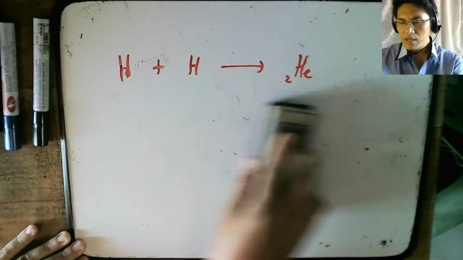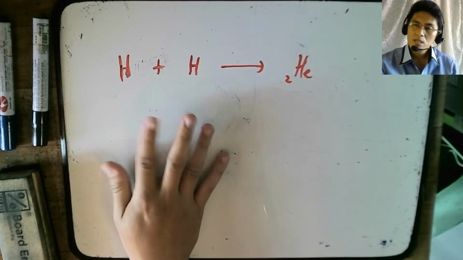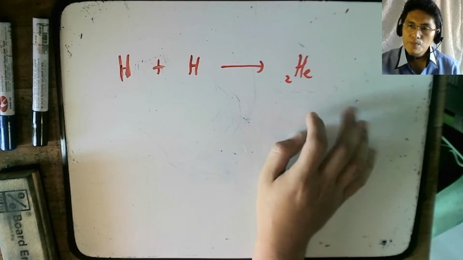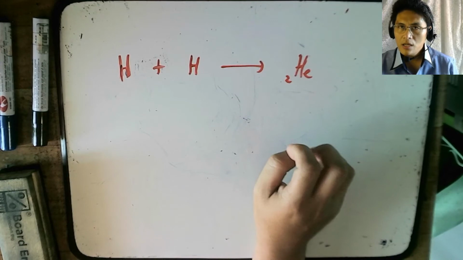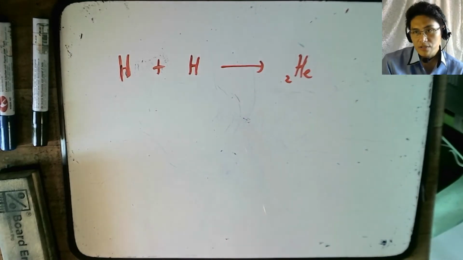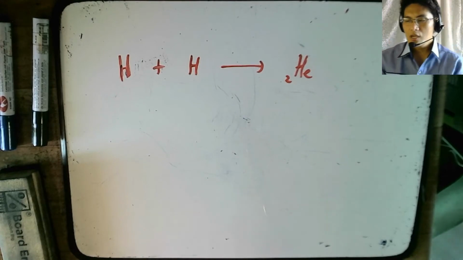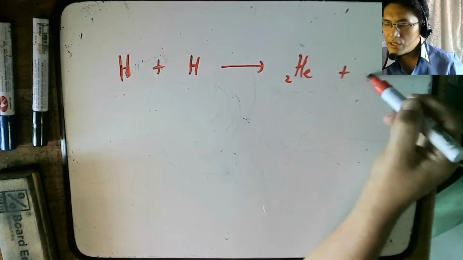But more importantly, when you fuse something, why would you get the effect that the star produces energy? Or it's burning. Again, it's not really burning because it's not combustion. But when you fuse something like hydrogen and hydrogen, you get energy.